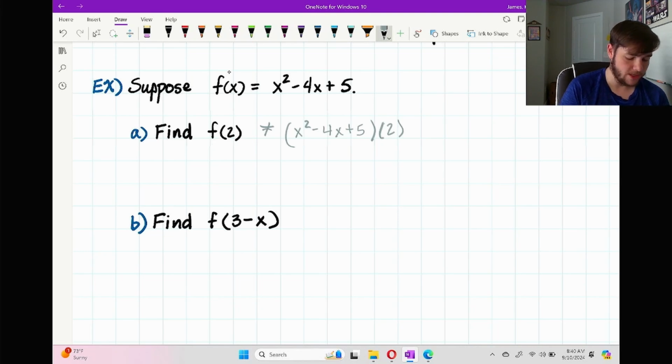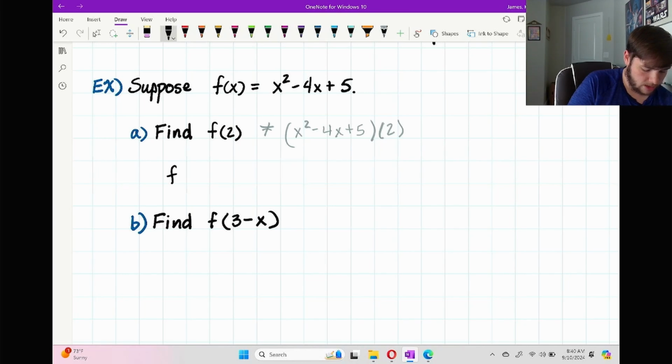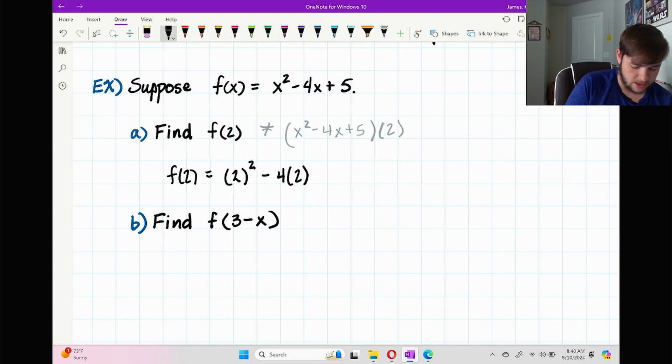F is a rule that tells me when I get an x or an input, what do I do with it? I square it, subtract 4 times it, add 5 to it. So now I can use this rule given to me to write what happens to 2. Well, 2 gets squared. I multiply 2 by 4 and subtract it.